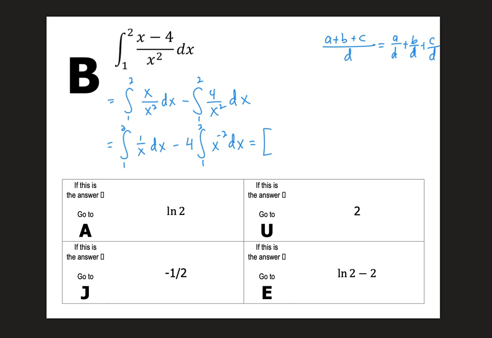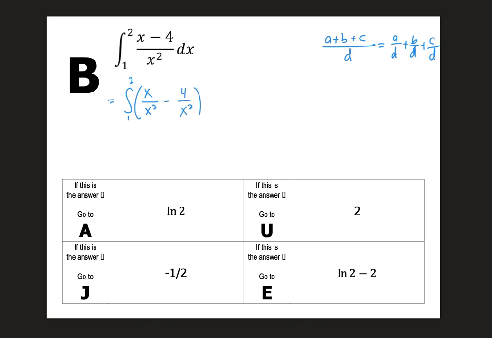We could do it this way, but let me erase this just to see our options. Normally you just do it like this, just keep it all one integral. It's an integral from 2 to 1.